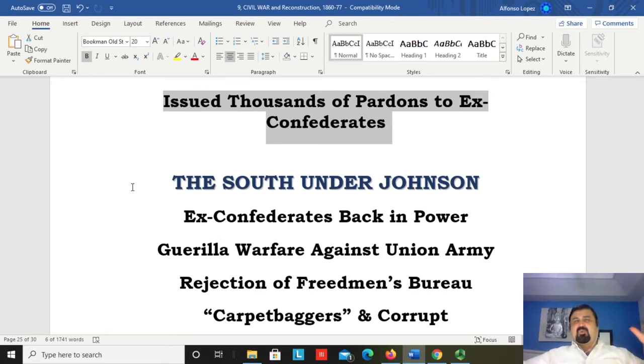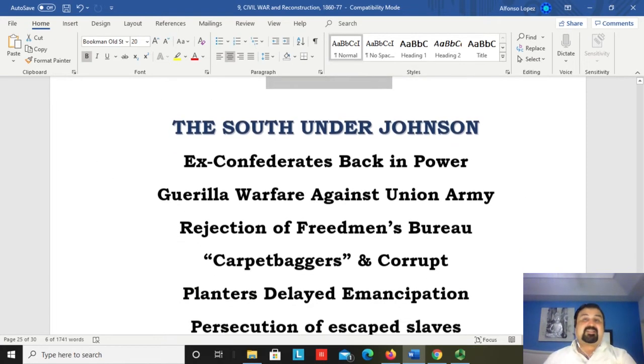So what that meant is there will be no change, okay? No change at all. If there was an expectation that there would be certain reforms, that the South was going to change in any way, now under Johnson, it's just like he's preventing change from taking place because of his leniency, if you will.